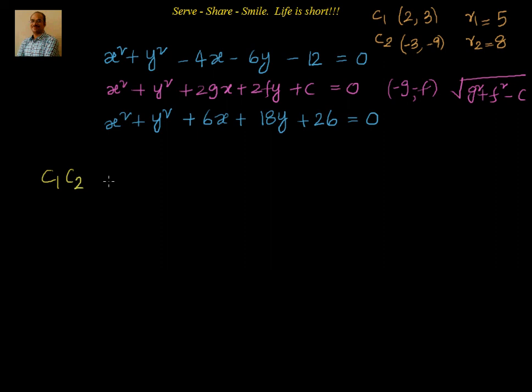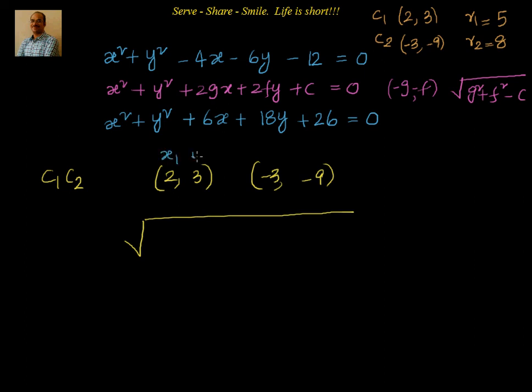C1 C2: we have to find the distance between the points (2, 3) and (-3, 9). We know the formula: square root of (x2 minus x1) whole square plus (y2 minus y1) whole square. That is (-3 minus 2) whole square plus (9 minus 3) whole square.